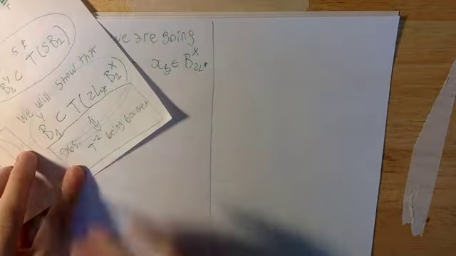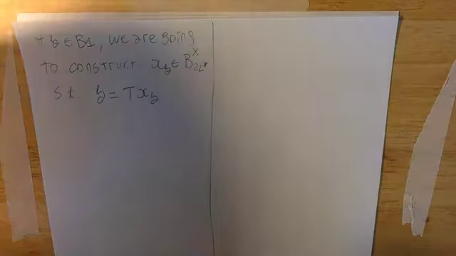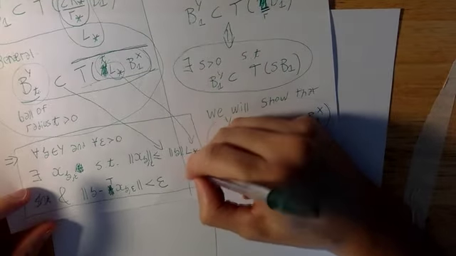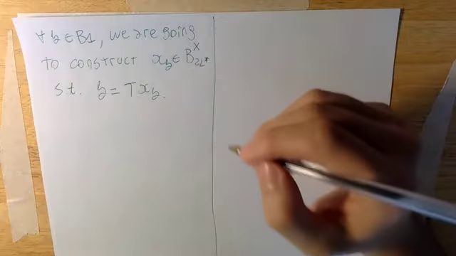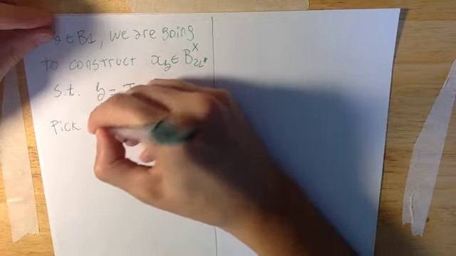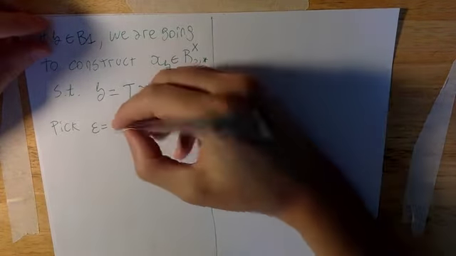Again, this is just another way of rewriting the same thing. So the thing that we're going to use is property, let's call it property 1. So pick epsilon equals 1/2.